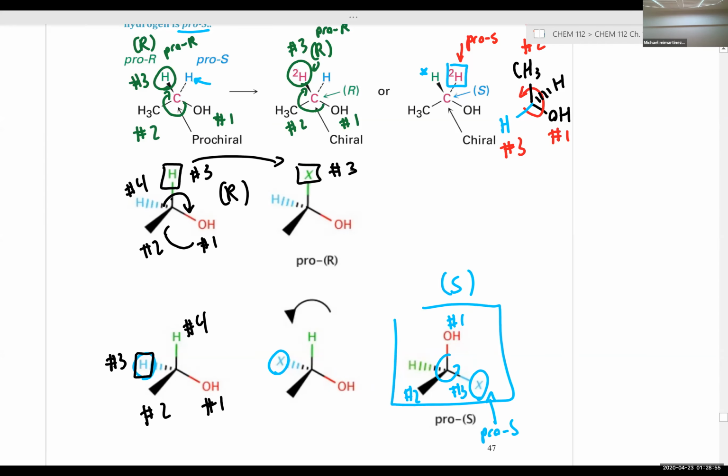Then I just look at this new molecule and ask myself, is that center R or S? And I repeat this process for both of my hydrogens, asking once again, is this new molecule with X going to be R or S?